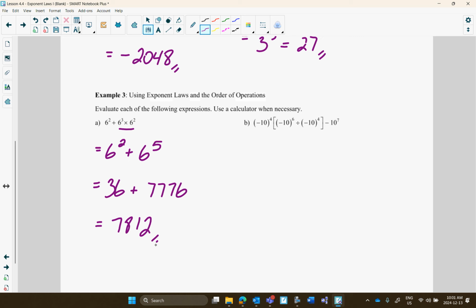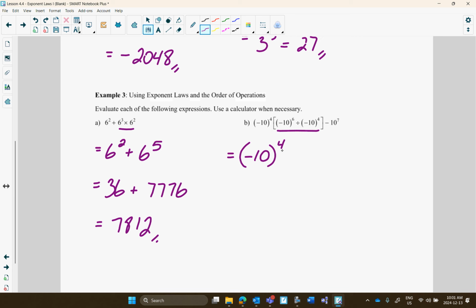Okay, this last one's a little crazy, because we have a bunch of exponents with -10 as bases. What are you going to do first? The division, what's in the brackets. Notice how I write my steps, which most of you are doing. I just rewrite what I'm not touching yet.